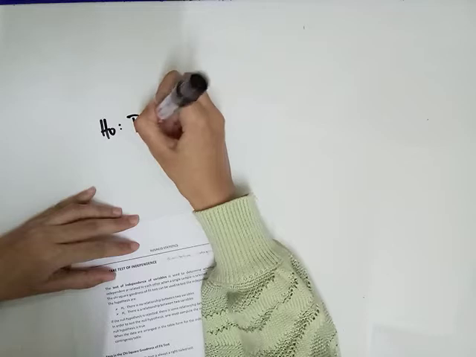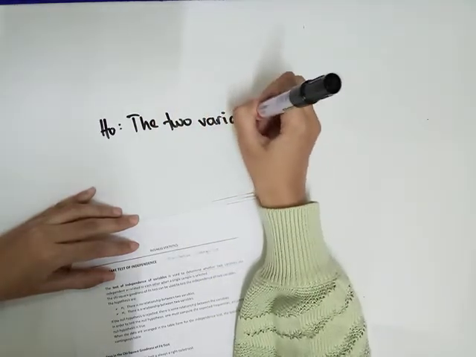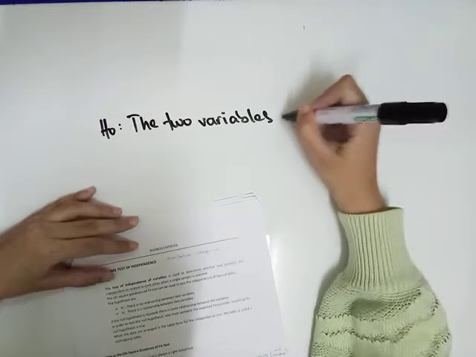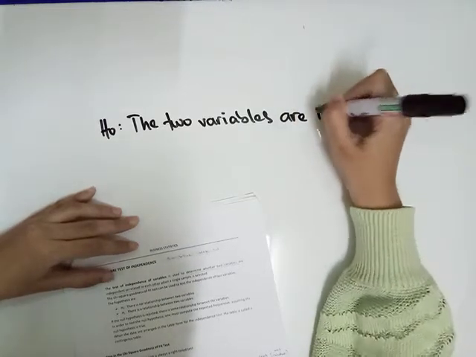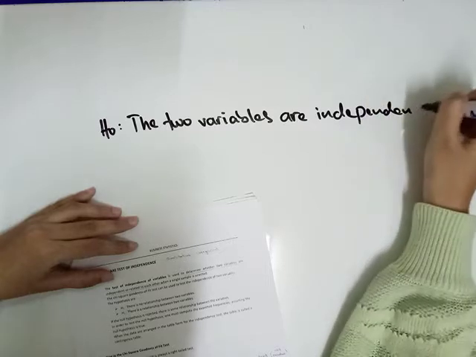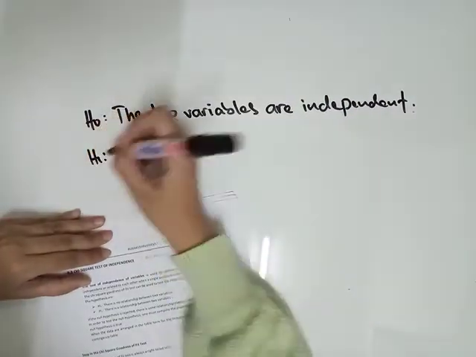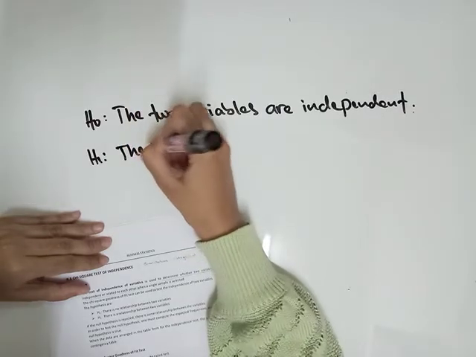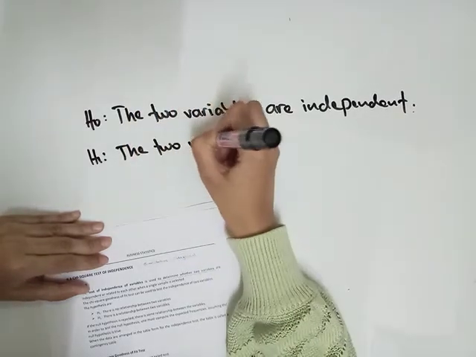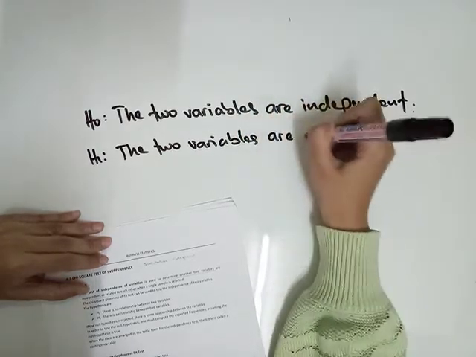I want you to write it like this. For H0, the two variables are independent. For H1, the two variables are dependent.